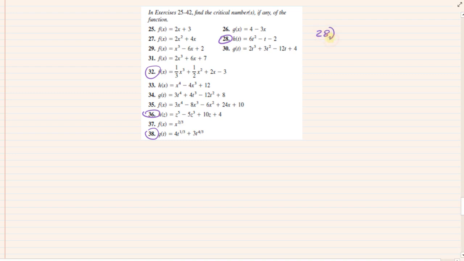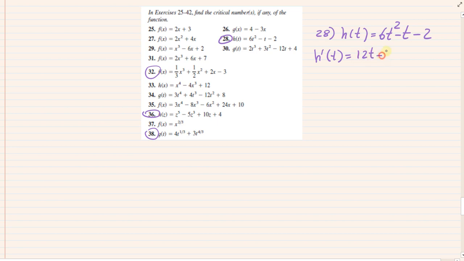In exercise 28, the function h of t is equal to 6t squared minus t minus 2. Now remember, the critical numbers by definition are numbers where the derivative is 0 or undefined or does not exist. So for all of these, we first need to find the derivative.